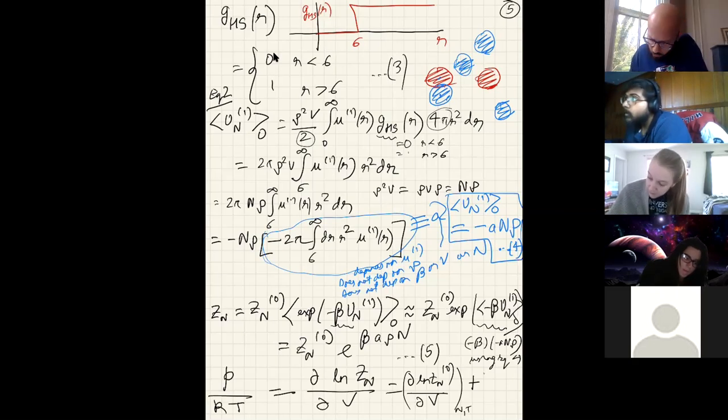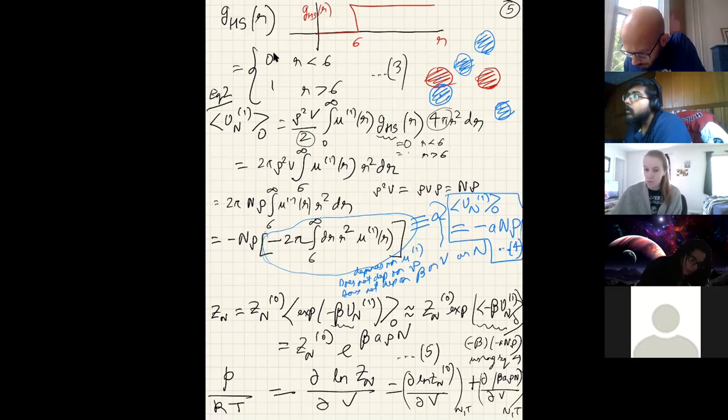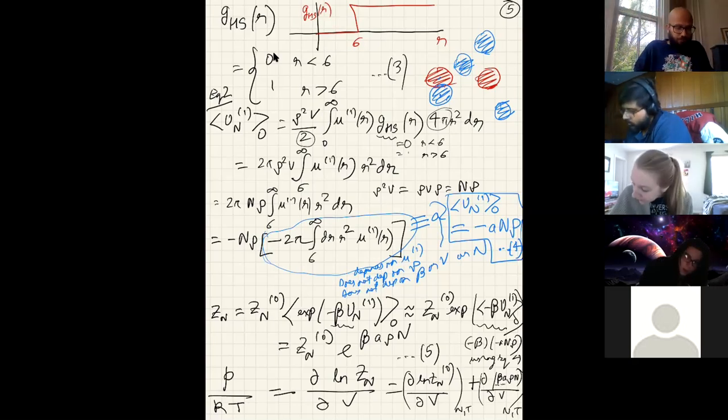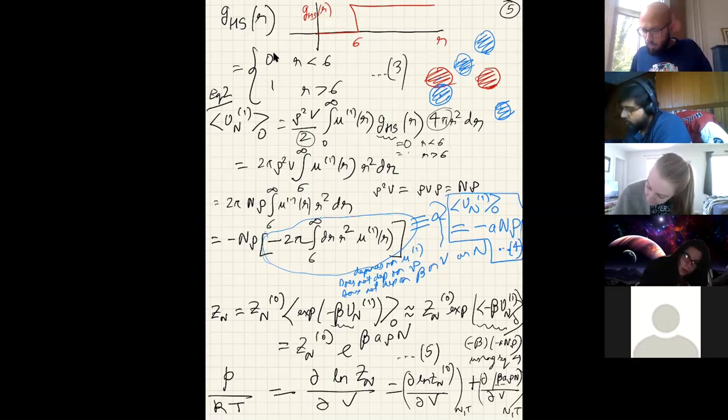So this is partial of beta A rho N by partial V, again at constant N and T. So beta can go out. A did not depend on N or beta, so A can go out. What remains is rho N, rho multiplied by N, when we differentiate with respect to volume.